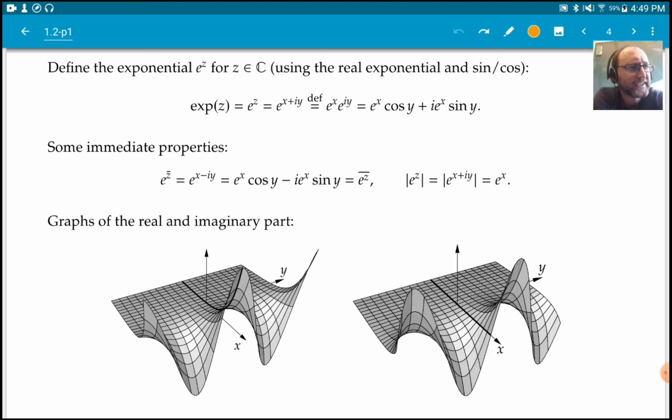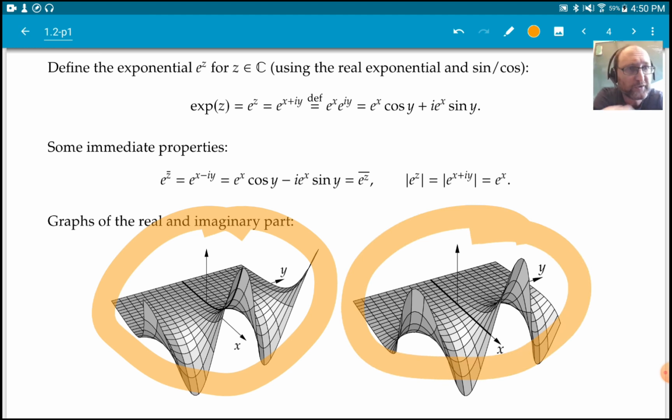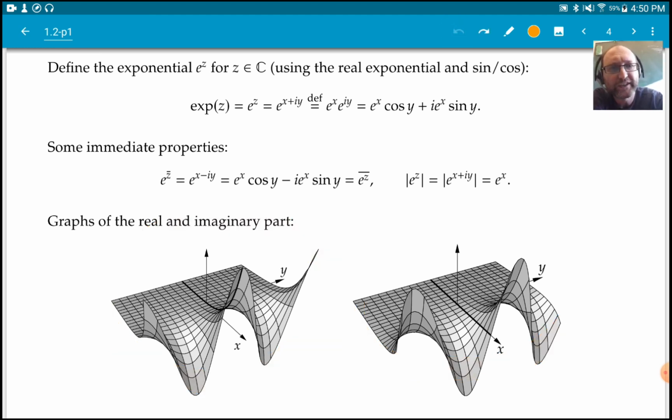Okay, so let's look at the graphs. This guy is the real part, and this guy is the imaginary part. Now, over here, what I did was mark when I look at z on the real axis, so basically when y is 0. I've marked in bold the graph over that.